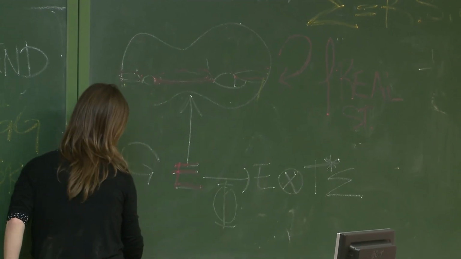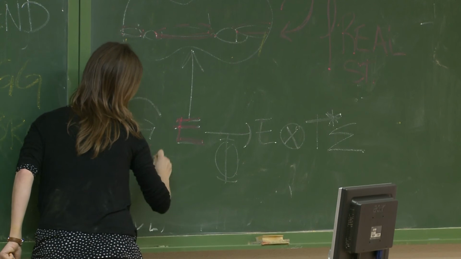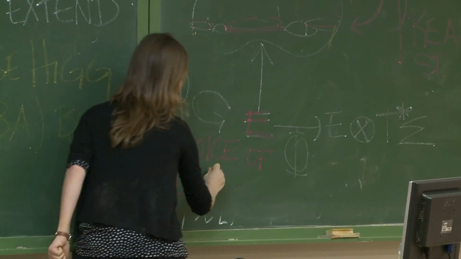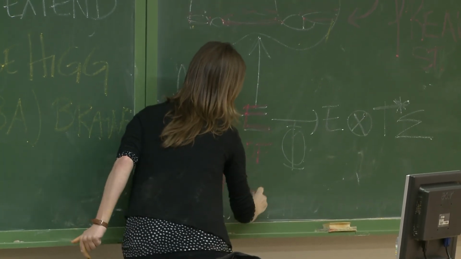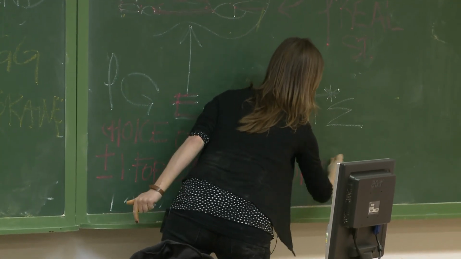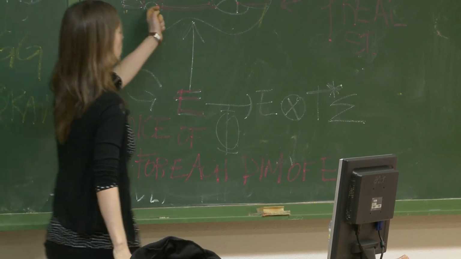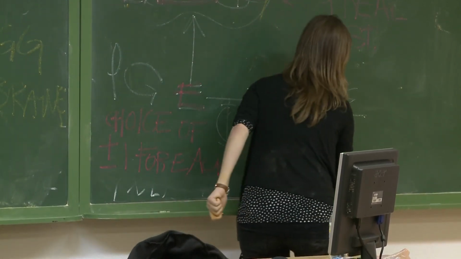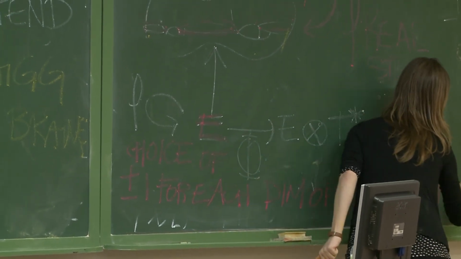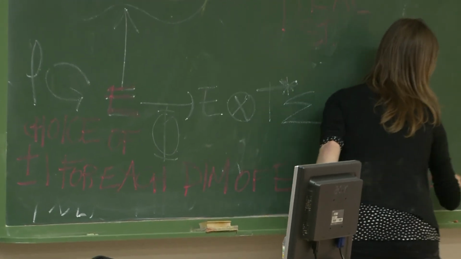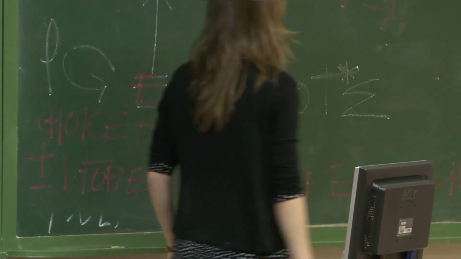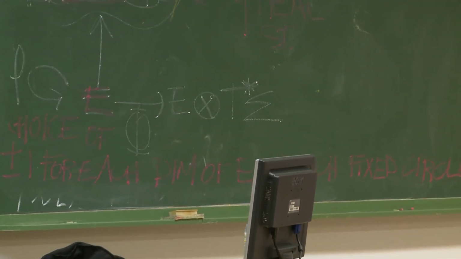So we have a choice of plus or minus 1 for each dimension of E. So you look at your vector bundle on a fixed circle, and for each fixed circle, you look at each dimension and you have a plus or minus 1 that you have to choose.